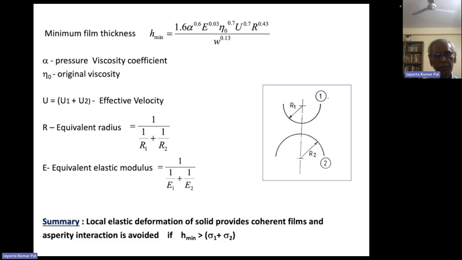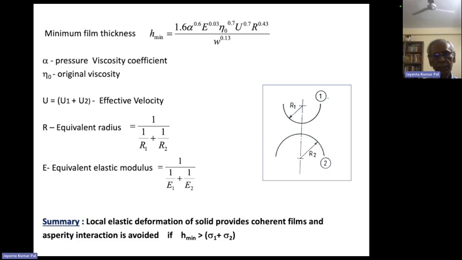H minimum is equal to 1.6 alpha to the power 0.6, E to the power 0.03, eta naught to the power 0.7, and U to the power 0.7, capital R to the power 0.43, divided by W to the power 0.13.